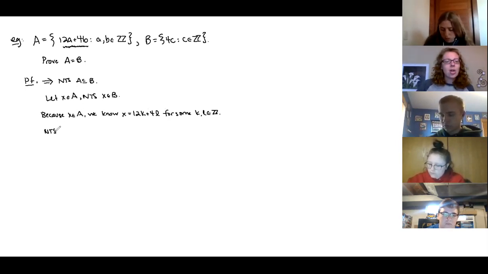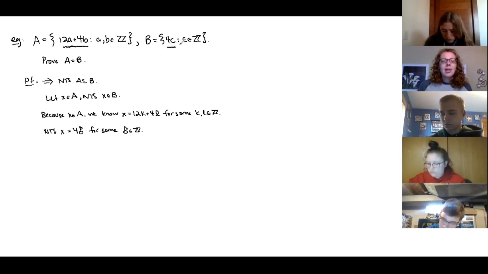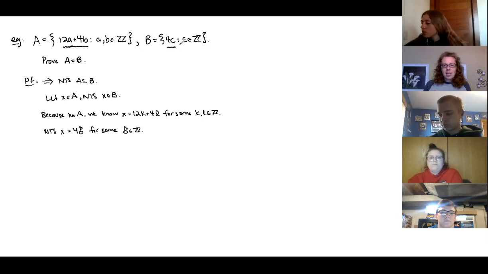And I need to show that x lives in B, and things that live in B look like 4 times an integer. So I need to show that x looks like 4 times sailboat for some sailboat living in the integers.